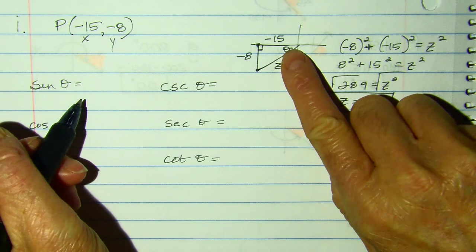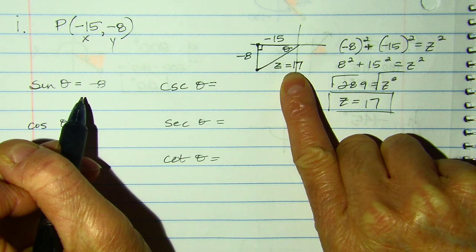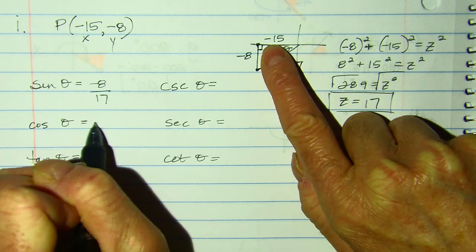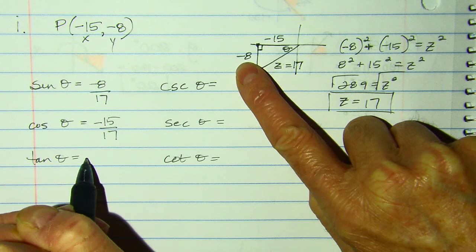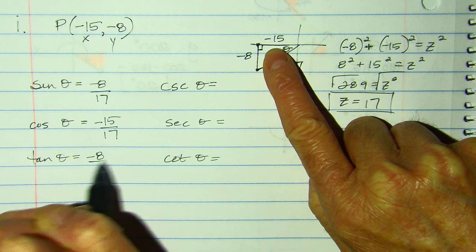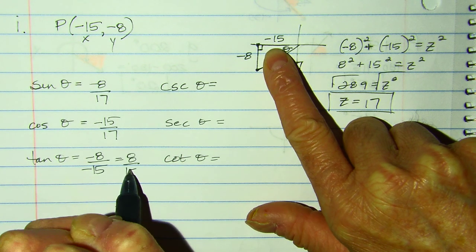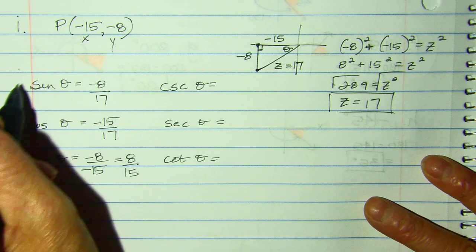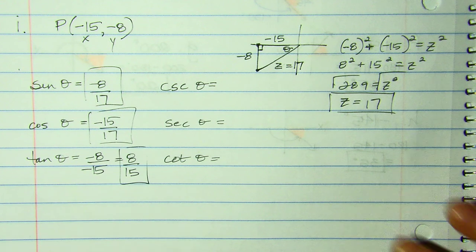So the sine of theta would be opposite, which is negative 8. Remember, hypotenuse is always positive, so over 17. The cosine is adjacent over hypotenuse. Tangent is opposite over adjacent. And I do want you to simplify. So that's a positive, right? A negative divided by a negative is a positive.